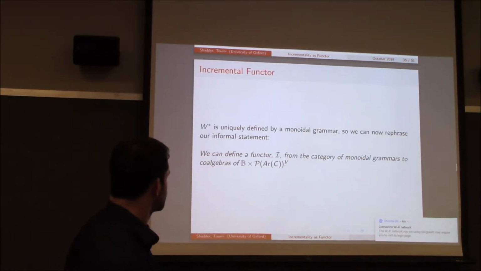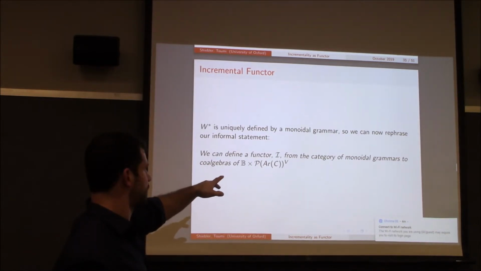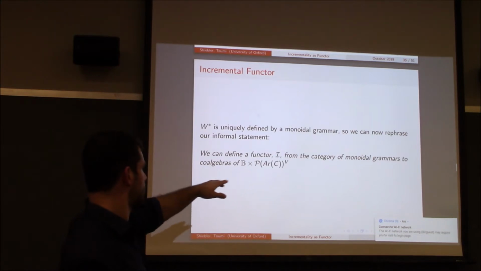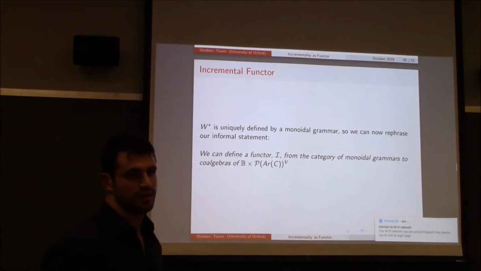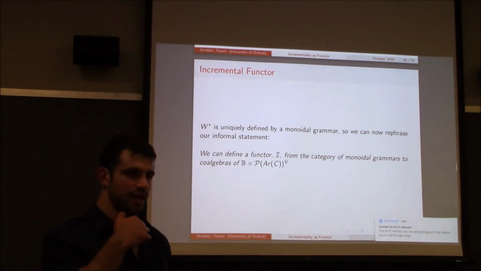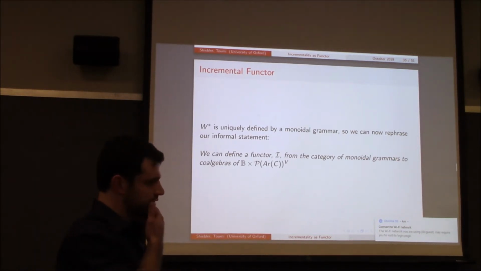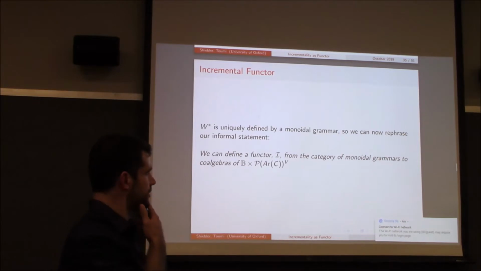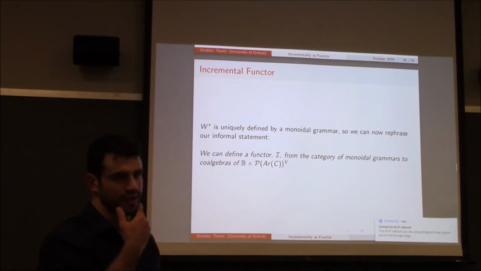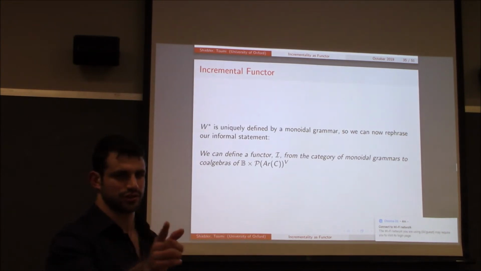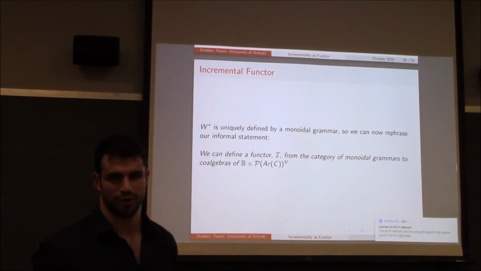All right, so we can define a functor, which we call I, the incremental functor, from the category of monoidal grammars to coalgebras of the non-deterministic automata functor. The proof is pretty simple. You just need to show that our monoidal grammar functors correspond to coalgebra homomorphisms.